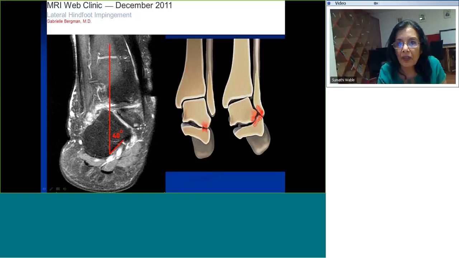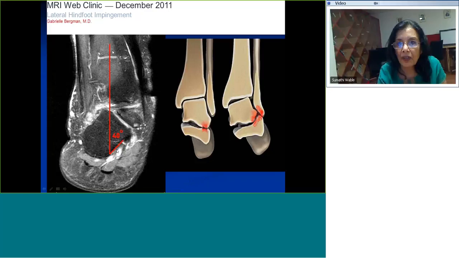And further on, the calcaneus subluxes laterally and again impinges on the lateral malleolus, and this is how you get lateral impingement. So what happens is the soft tissues get squished between the lateral malleolus and the subluxed calcaneus, and you can get peroneal tendon subluxation and soft tissue impingement and lateral pain.